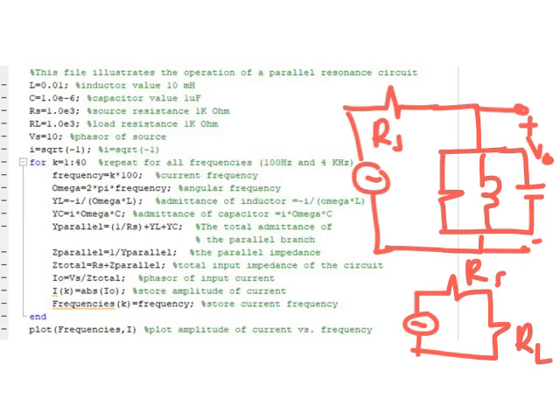One other thing to mention is about the current. When you have resonance, the current actually will go to a minimum. Why would it go to a minimum? Because if this combination of L and C represents an open circuit, this parallel branch will have its maximum impedance, which is RL.